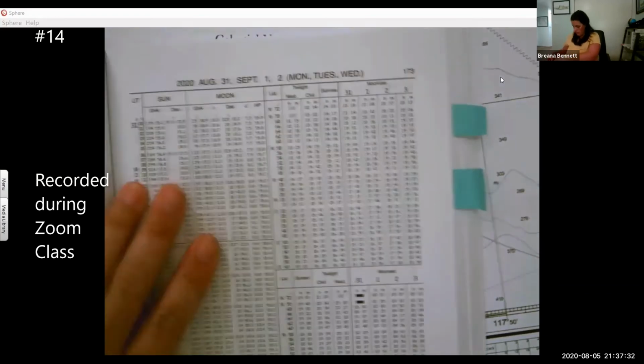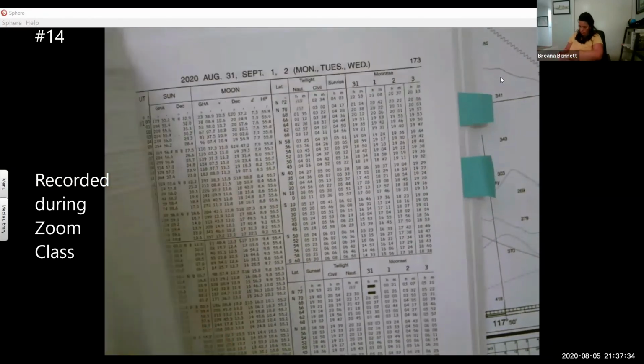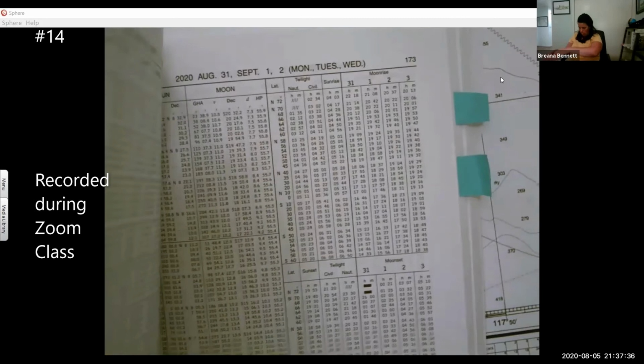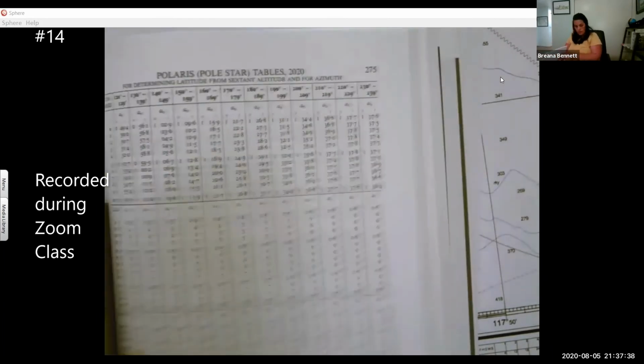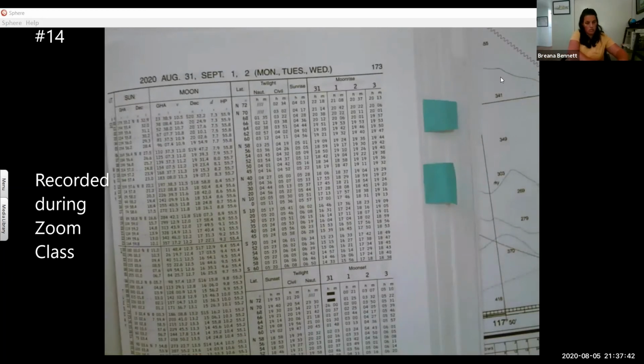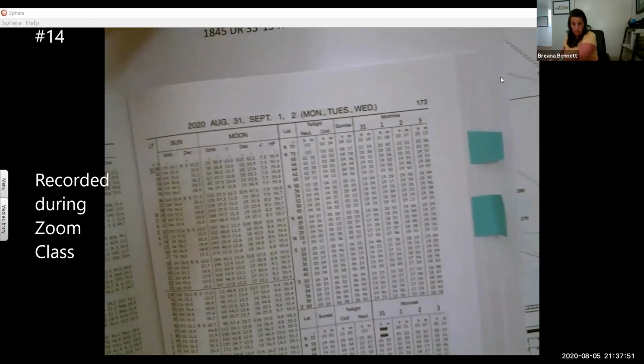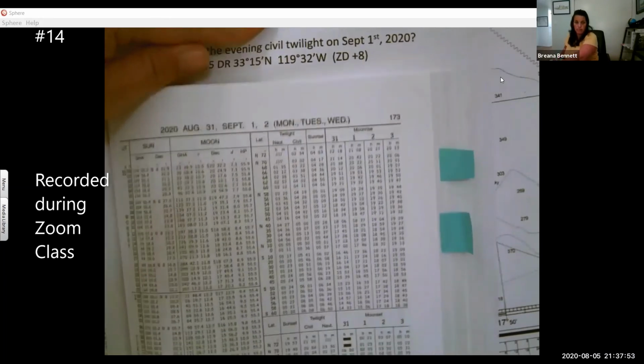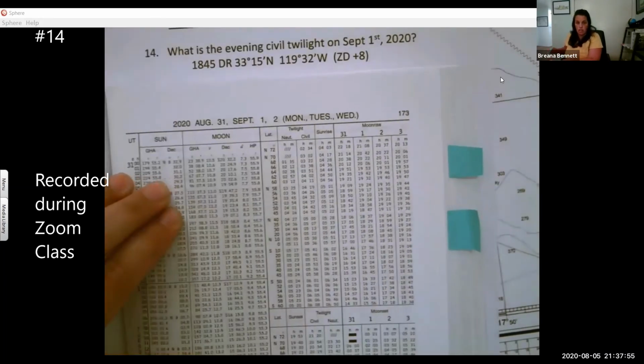Okay, so we have September. There we go. Okay, so we can see both of these.